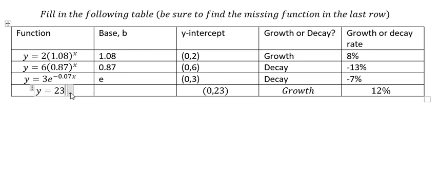So we can put 1 plus 12%, which is 1.12 to the power of s. The base in here is 1.12. And another way, if this one is e, we can put it like this.